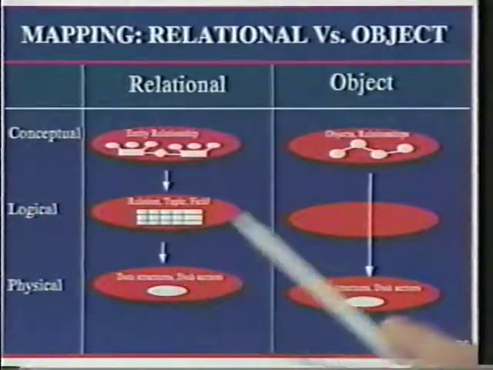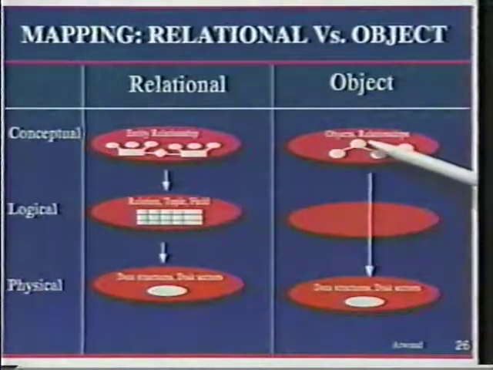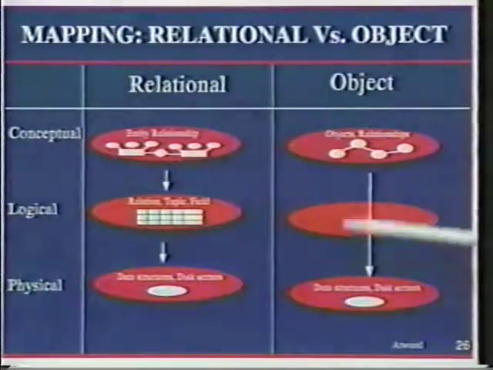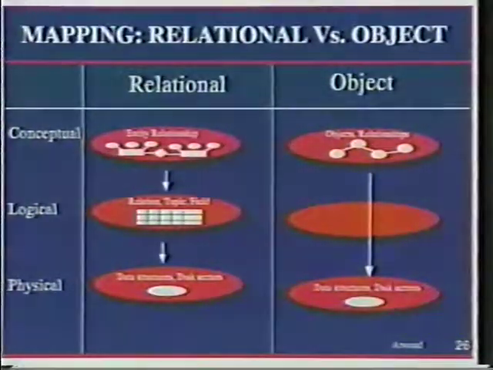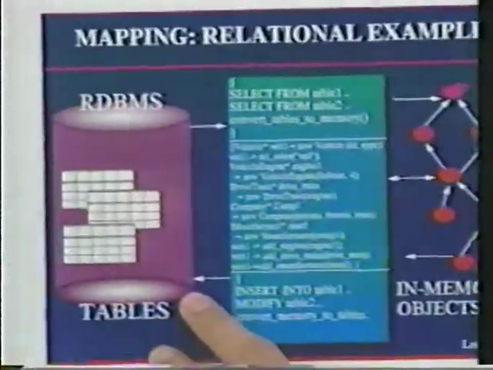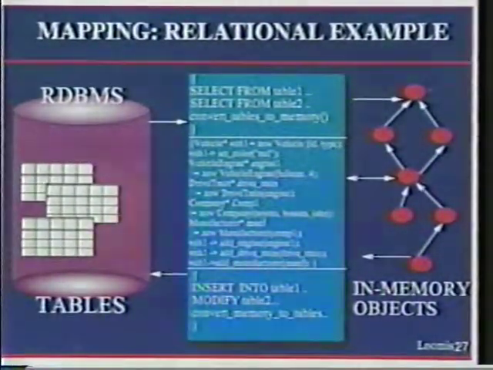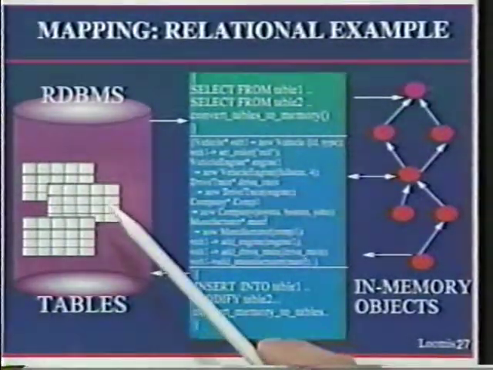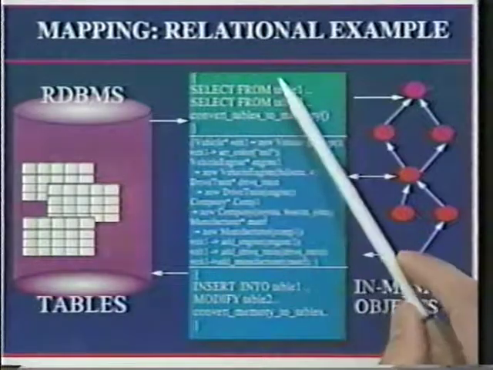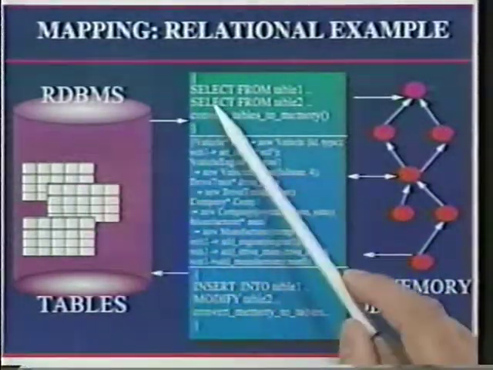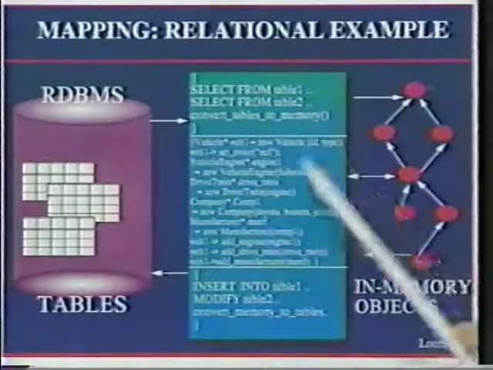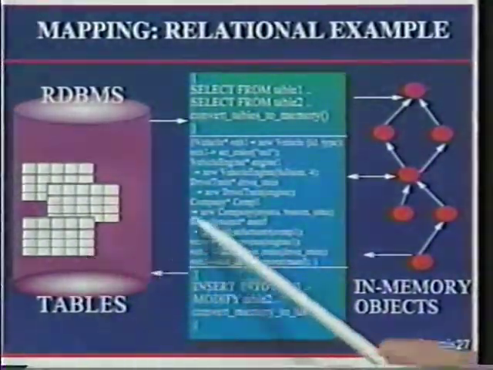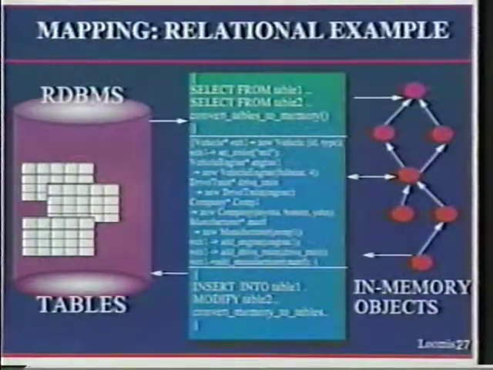On the other hand, if you are starting from fresh, my idea is to go from object-oriented languages to object-oriented databases, so we provide a seamless integration. Here is another example of that mapping, which is given by Mary Loomis, where you have the relational databases in the form of tables, and then your programming language uses SQL-type commands to get the information and puts it into a memory structure, makes some changes, and again using SQL-type commands, you put it back in here, and this is called the impedance mismatch.